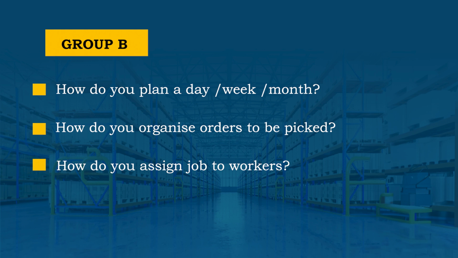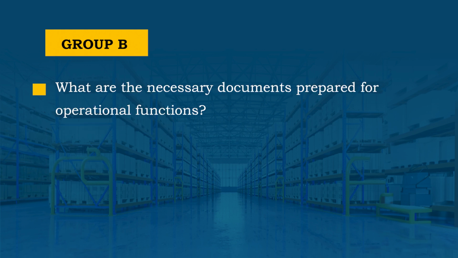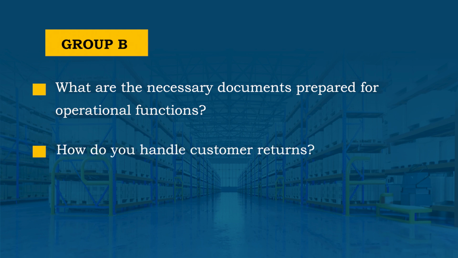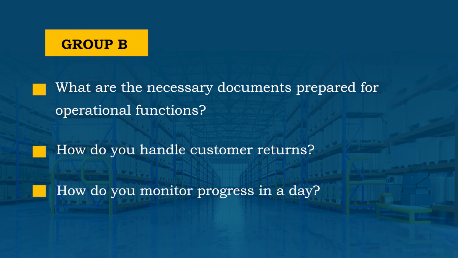Third, how do you assign jobs to workers? Fourth, what are the necessary documents prepared for operational functions? Fifth, how do you handle customer returns? Sixth, how do you monitor progress in a day? After this, the teacher should check the learning outcomes from this activity.